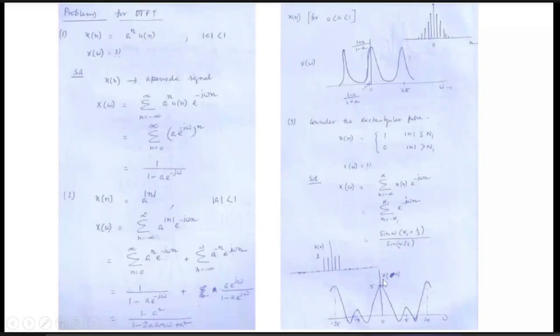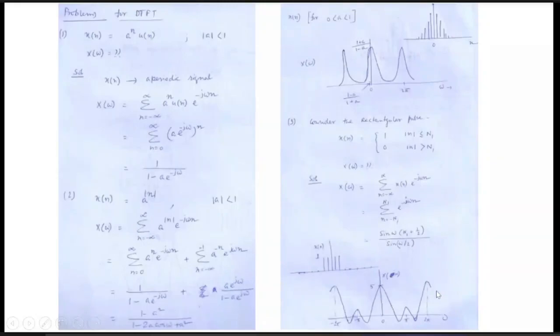It is continuous because omega is continuous, and it is periodic because it is a sinc function, with the sine of omega term. Sine of omega (n1 plus half) by sine of omega by 2. So it is periodic, and this is the plot.